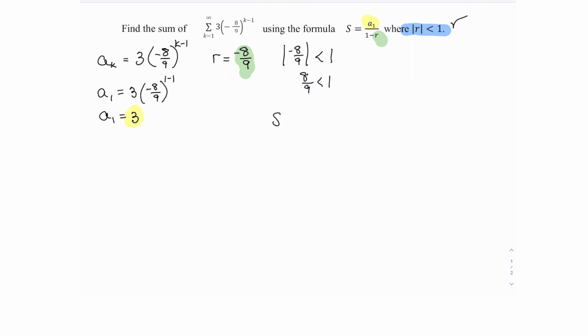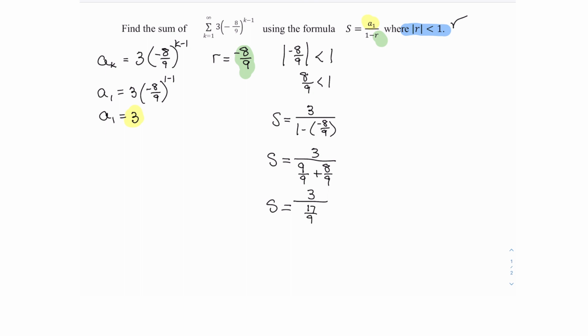So our sum is equal to 3 over 1 minus -8/9. Well, 1 in a common denominator of 9 is 9/9, and minus the negative is plus 8/9. That gives me 3 over 17/9.